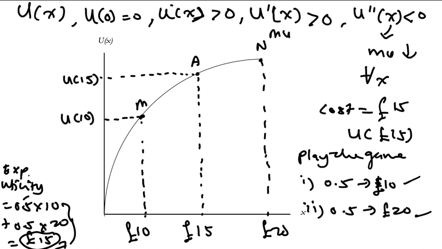However, because playing the game involves the probability of getting either 10 or 20, we calculate expected utility. The expected utility of 15 is actually the average height of M and N. This is the height of M, and this is the height of N, so it must be halfway.